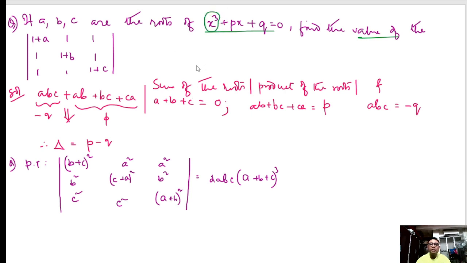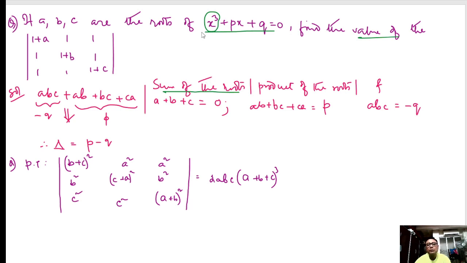So sum of the roots, watch here one thing. Sum of the roots of the equation is what? Minus b by a.